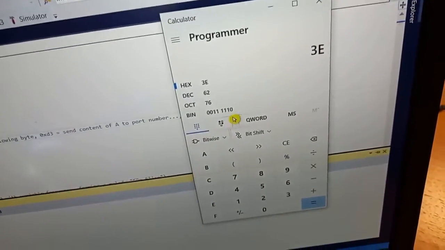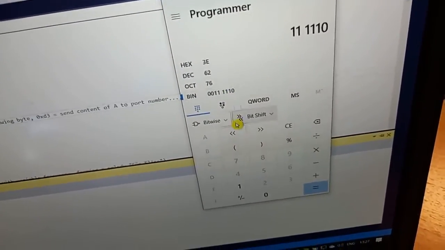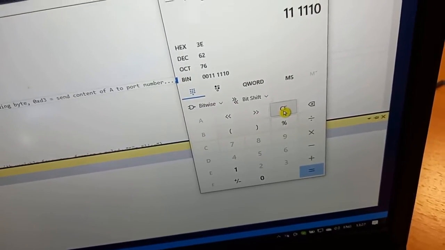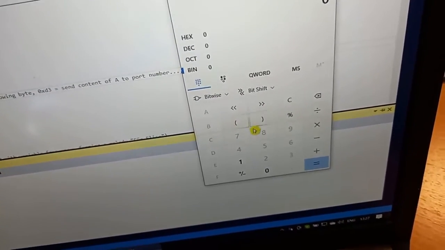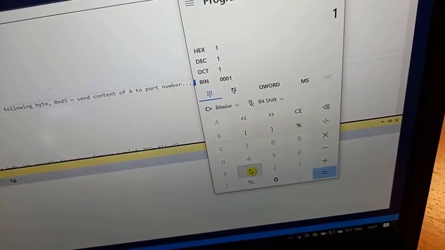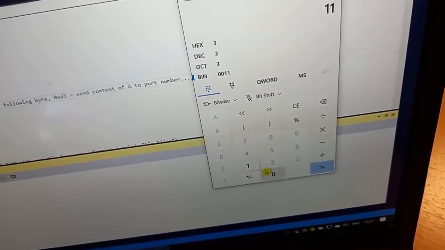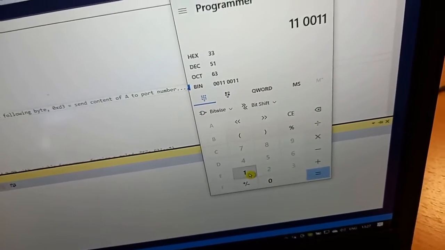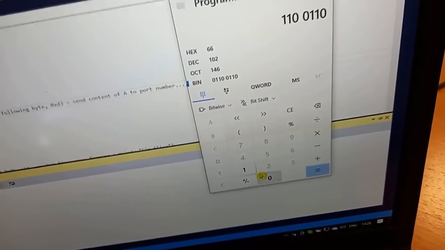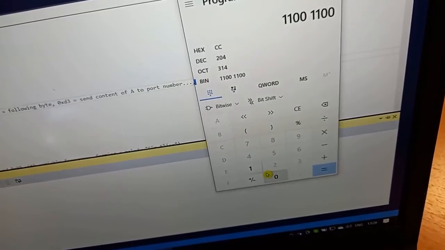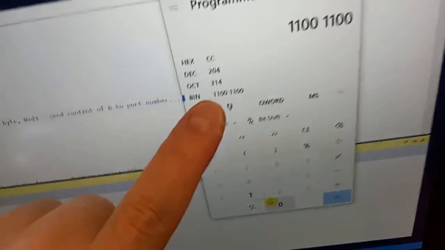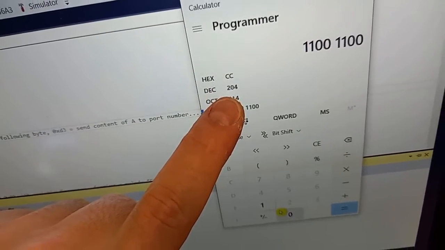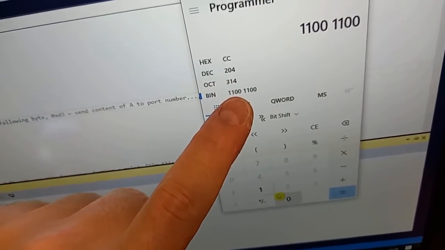We will put something like, for example, 1 1 0 0, this one, and that means CC in the hexadecimal representation.